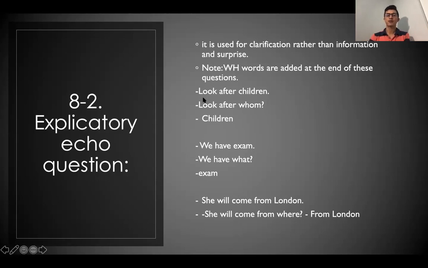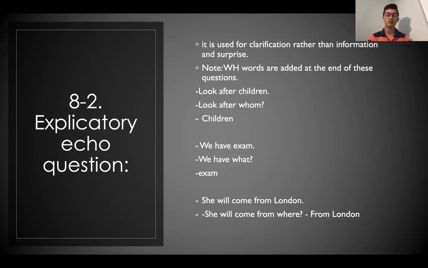So look at this example here about explanatory question. Explanatory is taken from explanation, so you are asking for an explanation also. Someone should explain something for you. The first person said, look after children, and you say, look after whom?